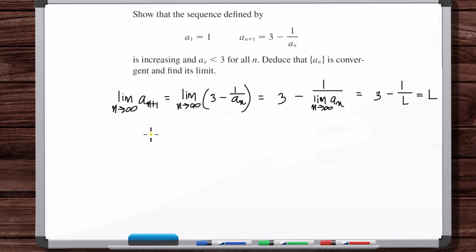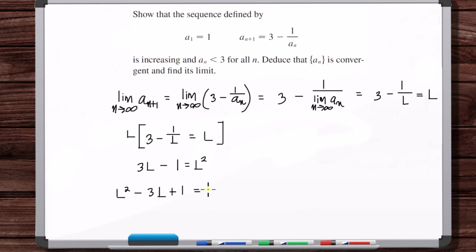Okay, so we need to solve this equation. All right, let's multiply the entire equation by L. So we've got 3L minus 1 is equal to L squared. So L squared minus 3L plus 1 is equal to 0. Quadratic equation.